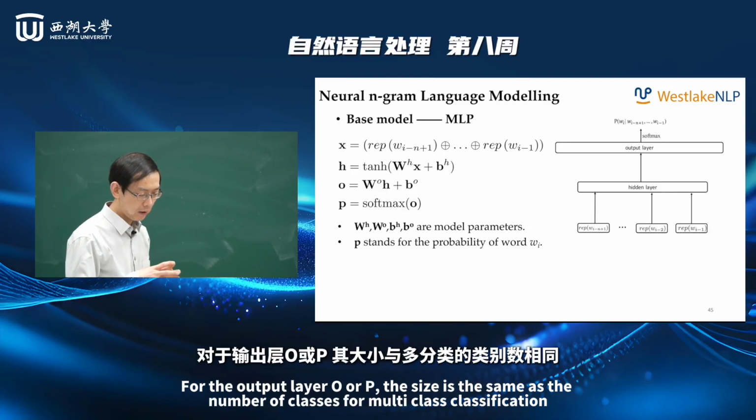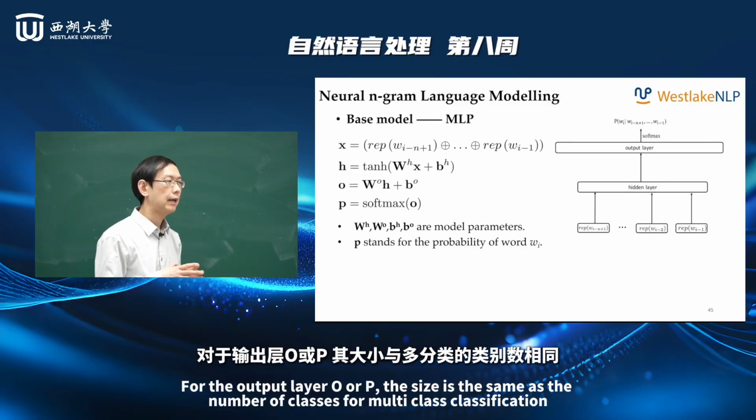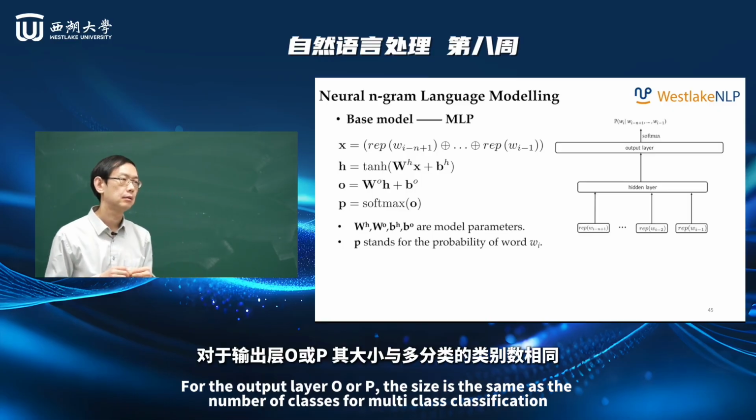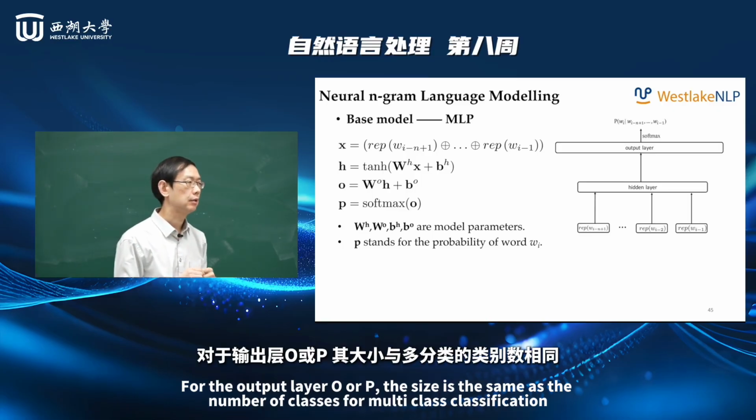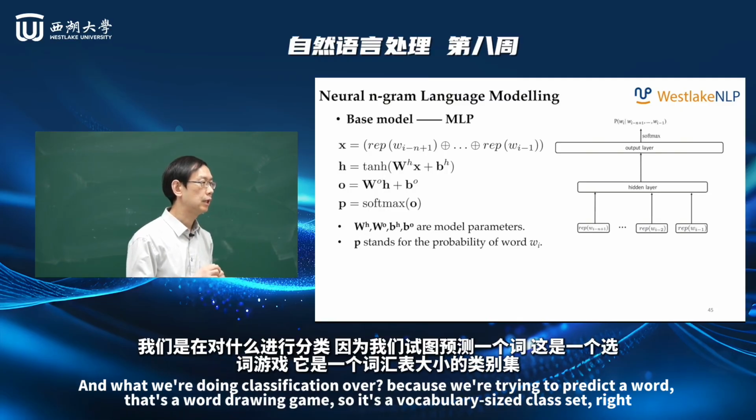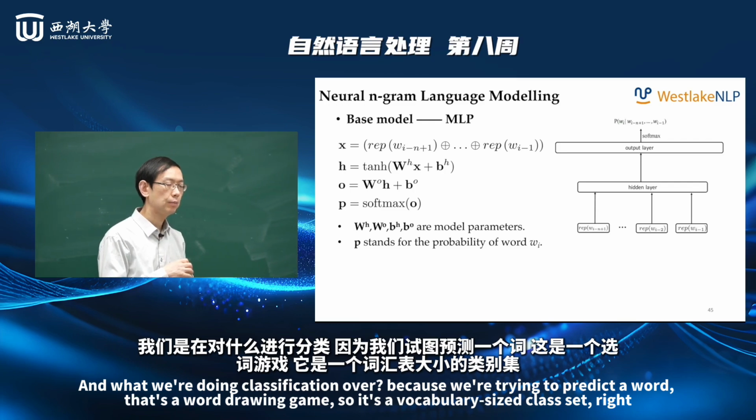For the output layer O, or P, the size is the same as the number of classes for multi-class classification. And what we're doing classification over, because we're trying to predict a word, that's a word prediction game.